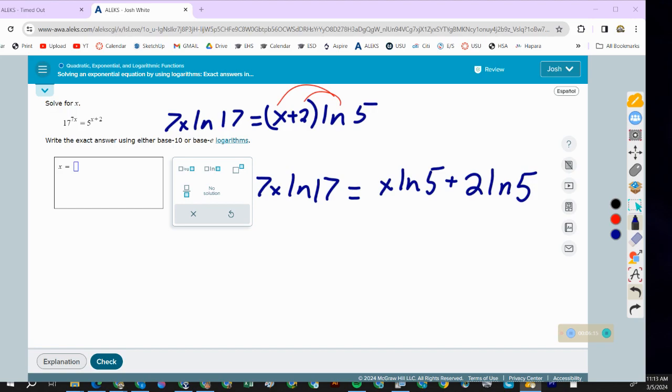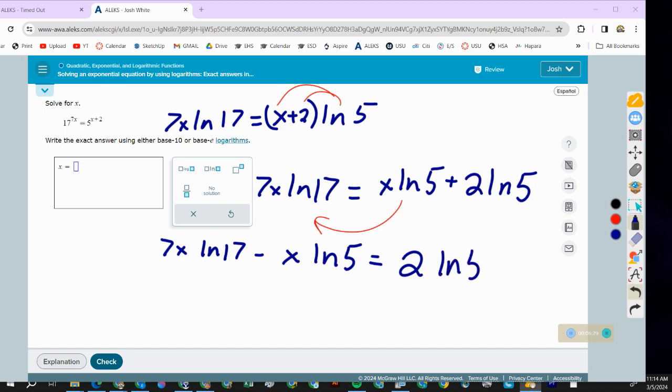Now I need to move the x's to one side and everything else to the other side. So I'm going to subtract this over. So I get 7x ln of 17 minus x ln 5 is equal to 2 ln 5. Now I pull the x out. So this and this come out.